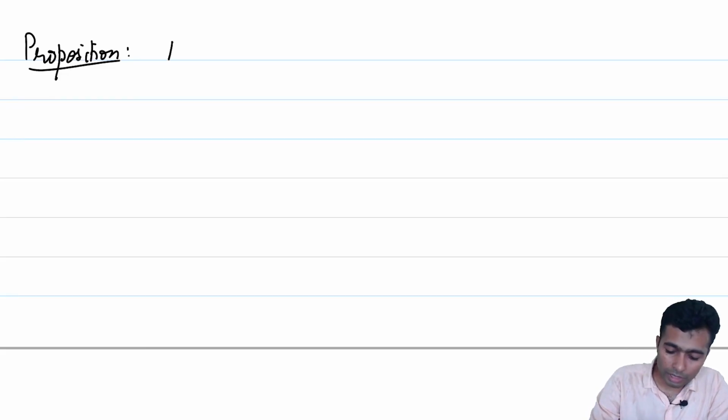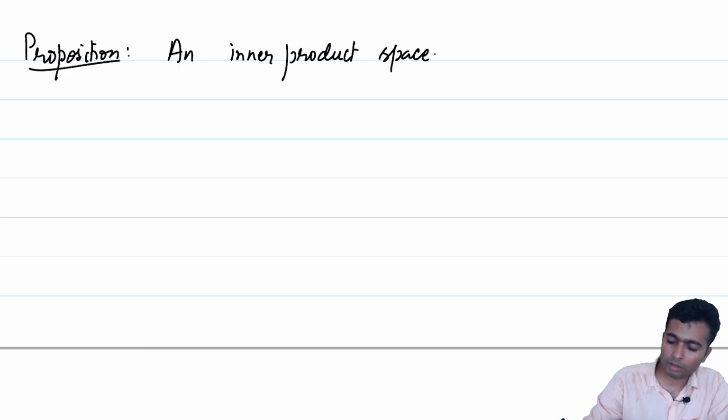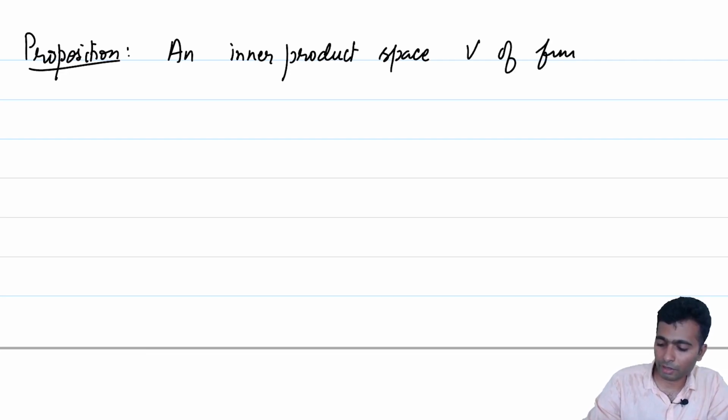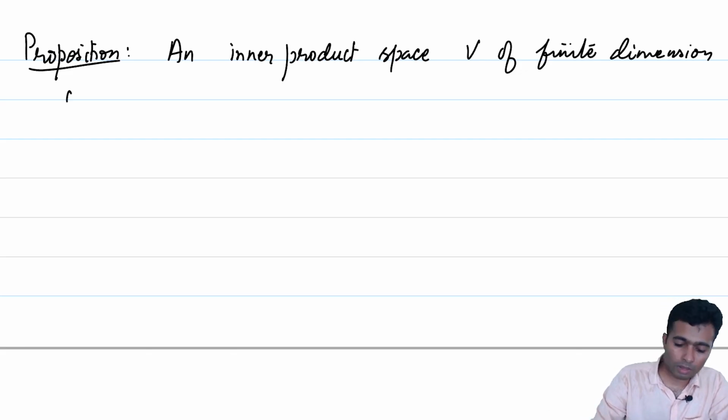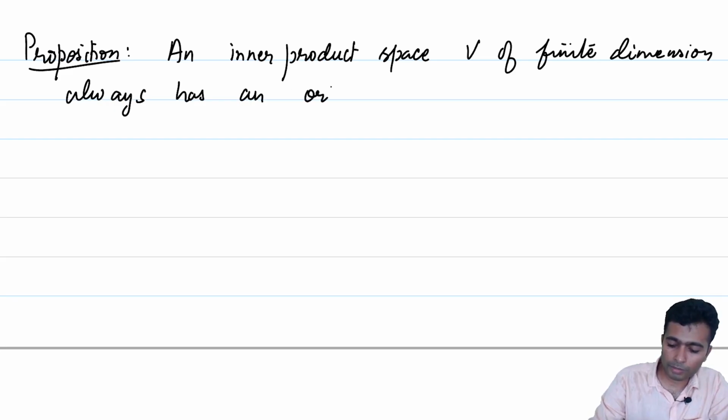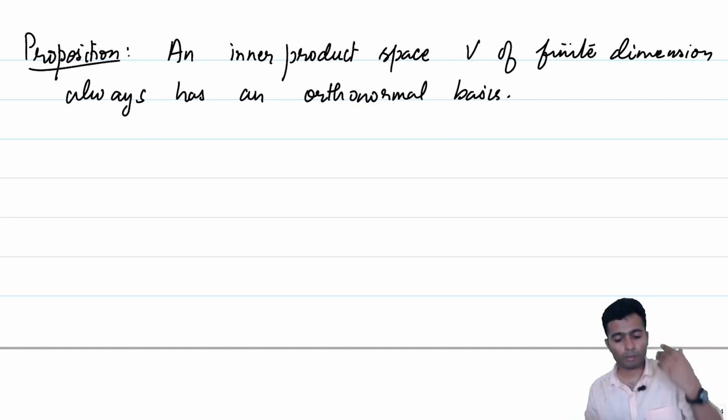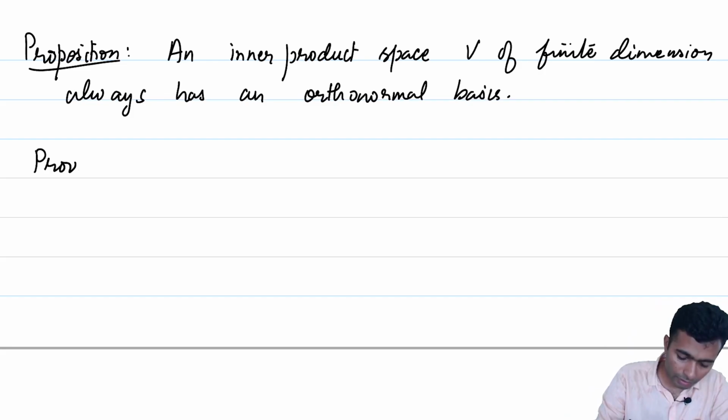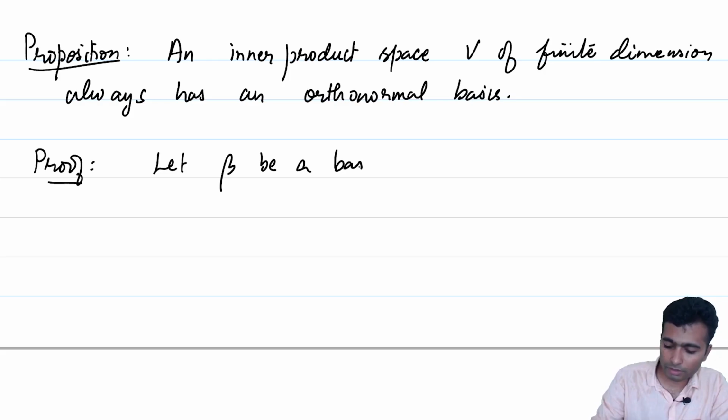So an inner product space V of finite dimension always has an orthonormal basis. I will not write down the proof again, we just did that. We start with a basis, or maybe let me just write it down. Let beta be a basis.